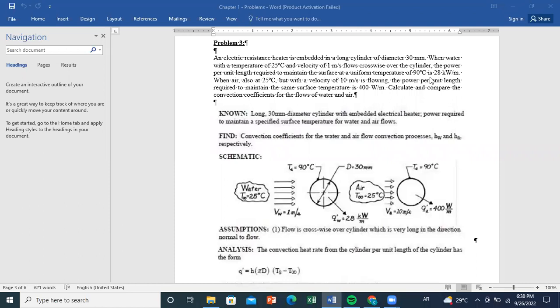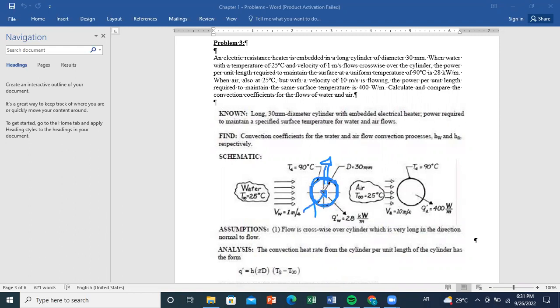So the idea is the following. Whenever you have a surface exposed to an airflow, in case the temperature of the surface is larger than the temperature of the airflow, you will have heat loss by convection from the body towards the fluid. And since you want to maintain a constant temperature, this is not possible if you don't have internal generation.